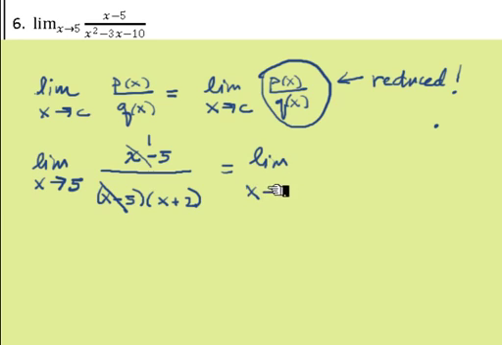All right, so the reduced version is right here, 1 over x plus 2. That's reduced. So now we can take the limit by just substituting it in, because now 5 is not a 0 of the denominator of the reduced fraction. So now we can just substitute in.